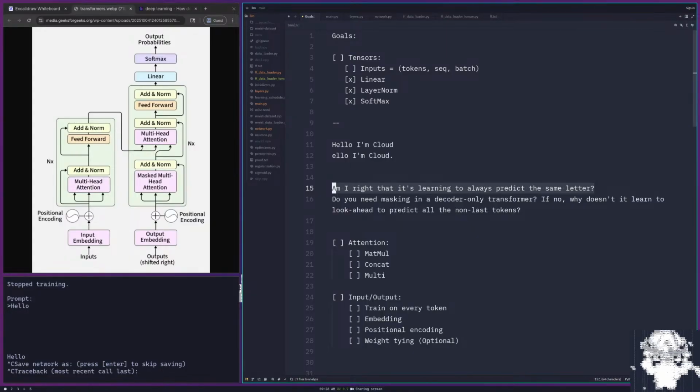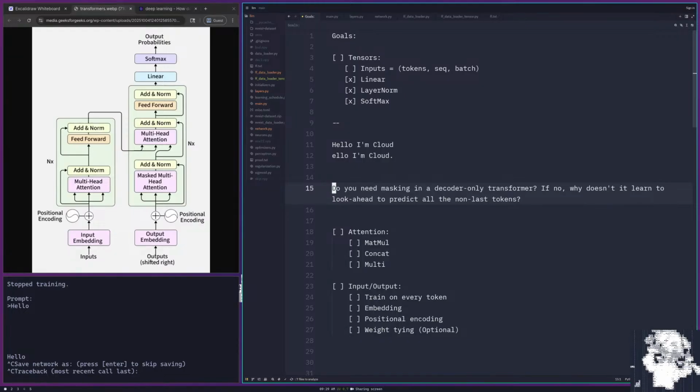I think the answer is probably yes, because I don't have attention, so each letter basically needs to... what am I trying to say? It was only able to see one letter while it was making its prediction.